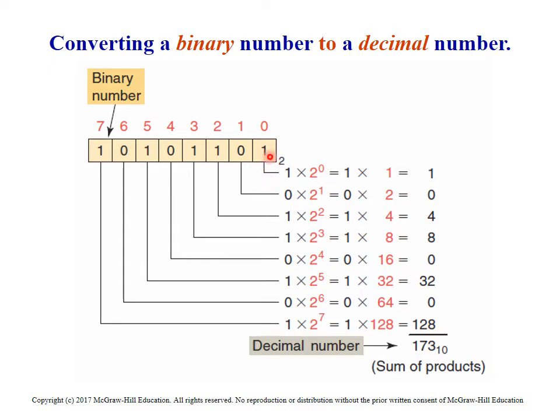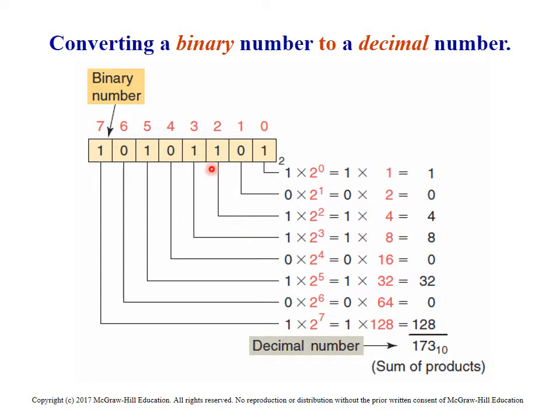So here I've got a 1, it'd be 1 times 2 to the 0, where 2 to the 0 equals 1, and 1 times 1 equals 1. So that puts a value of 1 in that first location. The very next location, as you can see here, is equal to 0. So 0 times anything, of course, is going to be 0. 2 to the first power is 2, so 0 times 2 equals 0.